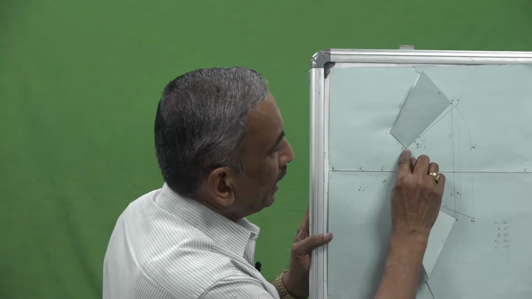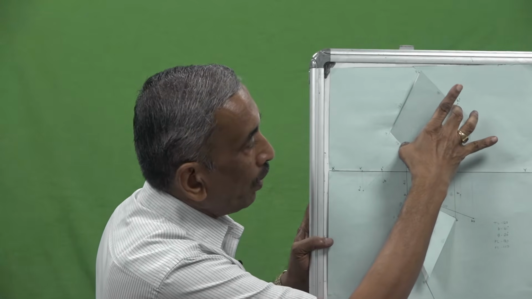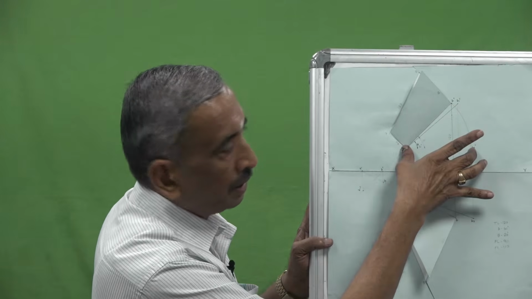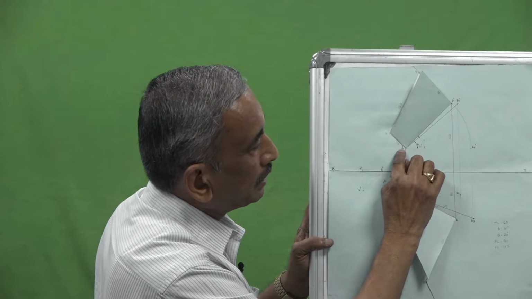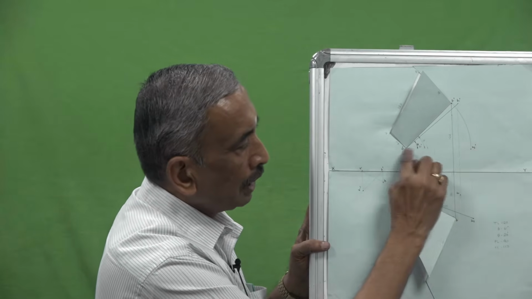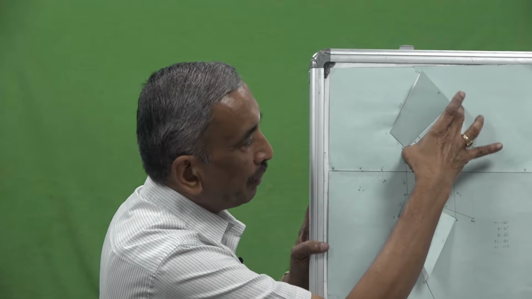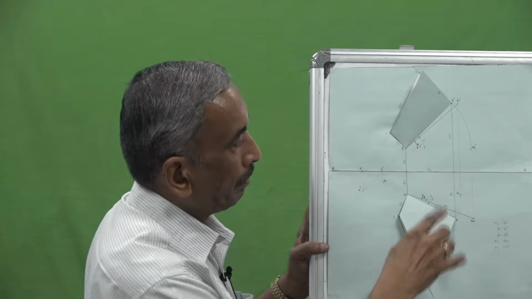With A dash as center, A dash B dash as radius, I draw an arc so that I make this line parallel. This point I call B2 dash. So A dash B2 dash will be the front view line when the line is parallel to HP.